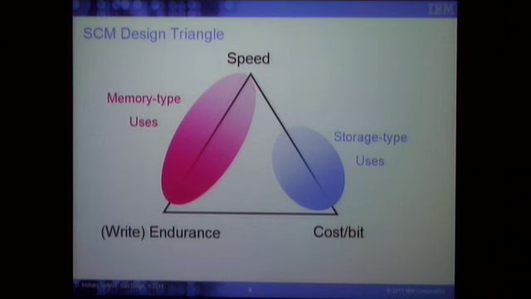Even the density and all that apparently can be done differently. And so that needs to be kept in mind, and that's what this is trying to say, that if you're going to use it in a memory kind of context, speed would be a bigger factor than if you're going to use it like a disk replacement.